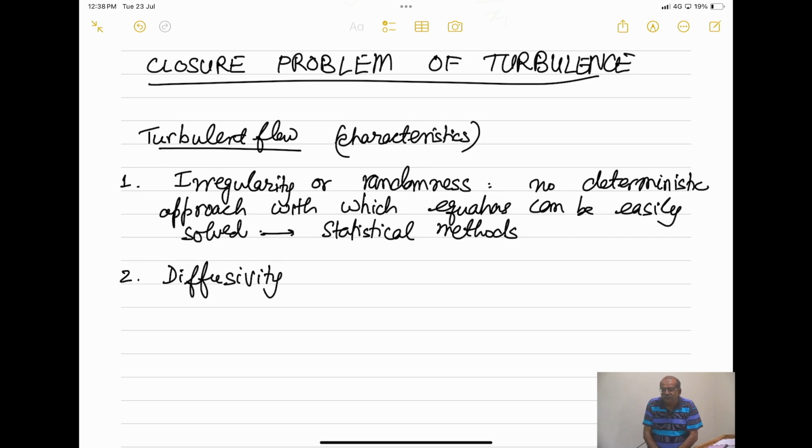What do we mean by diffusivity? Mixing. Now, if we look at a typical heat transfer equation, only the conduction equation: partial theta by partial t is equal to K divided by rho C times del square T.